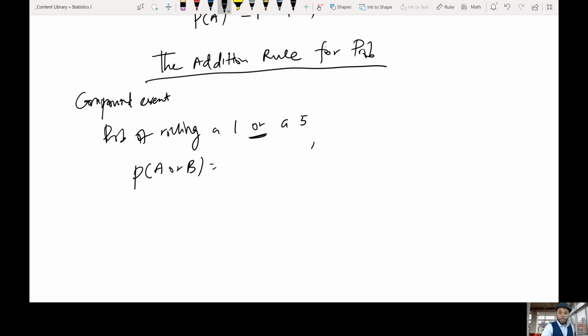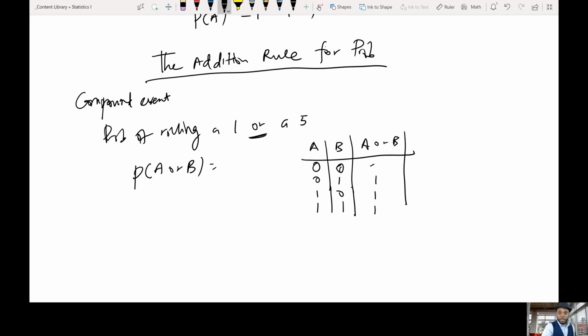Now think about this. I have A and B, and I want A or B. When is A or B true? Let's look at the truth table: 0, 0, 1, 1, 0, 1, 0, 1. When we have an or statement, it is true when either one is true or both.